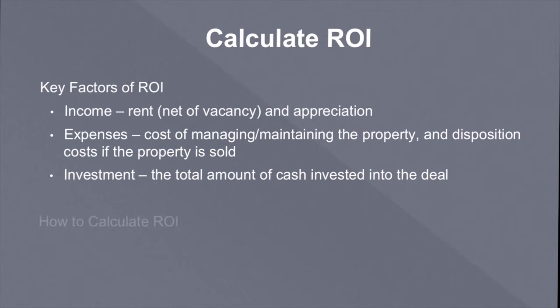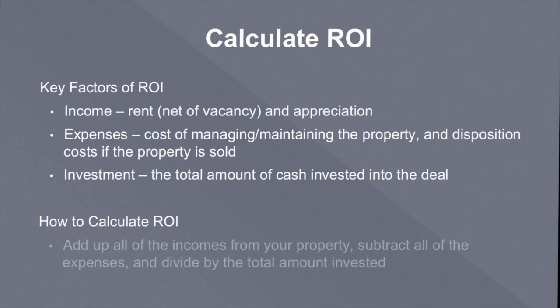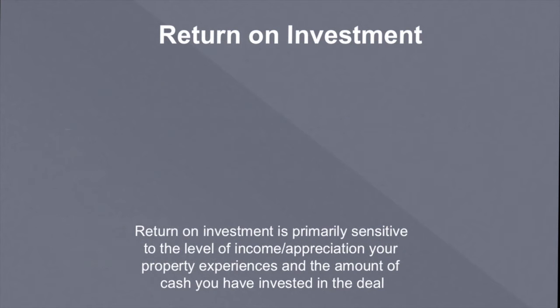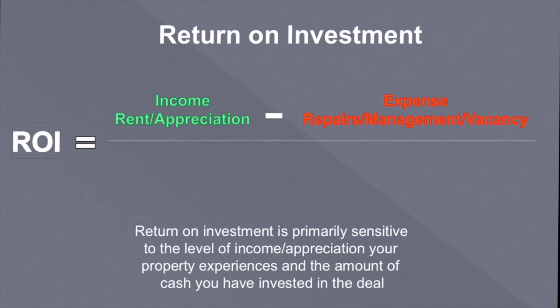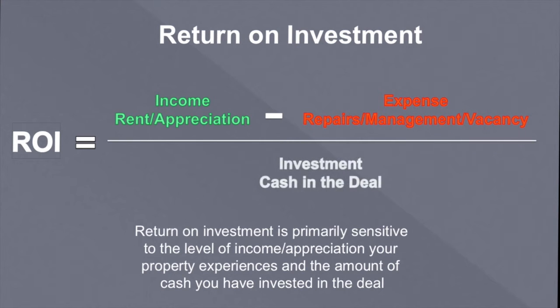So these are the factors that go into ROI, and you're going to add them all up. You're going to subtract the expenses. You're going to divide by the total amount invested. This is how it looks for you visual learners. Here is the equation in sort of graphical format. You've got the income, that's the rent and the appreciation largely, the expenses, and then you divide by the cash invested into the deal.